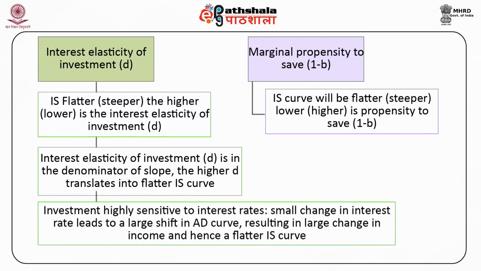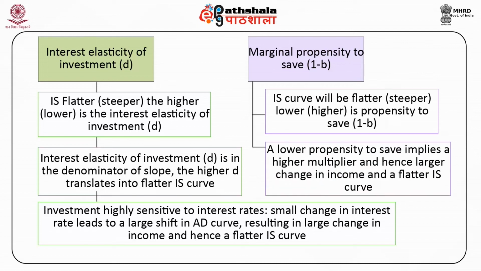Intuitively, when investment is highly sensitive to interest rates, a small change in interest rate leads to a large shift in the AD curve, resulting in a large change in income and hence a flatter IS curve. A lower propensity to save implies a higher multiplier and hence a larger change in income and a flatter IS curve.